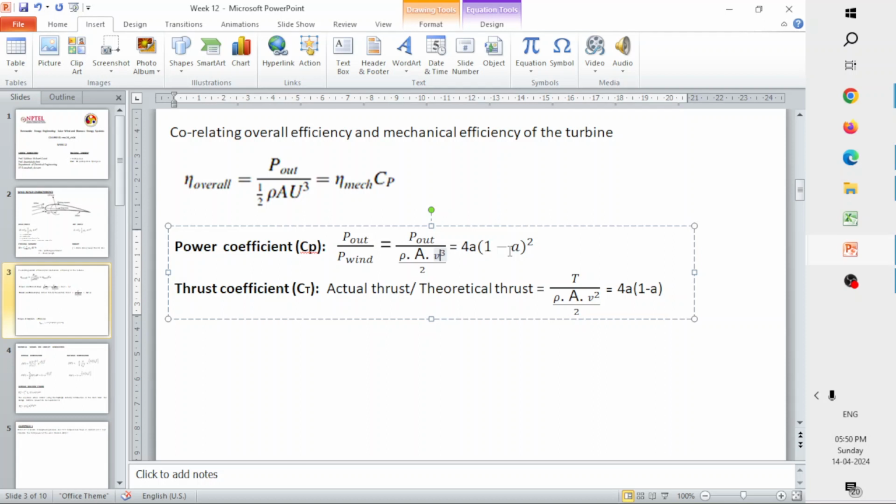How did we define the term A in the last session?